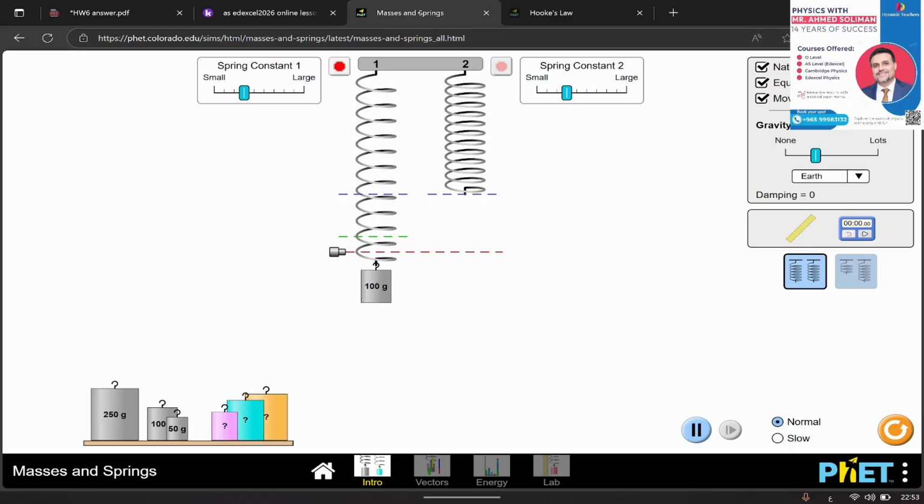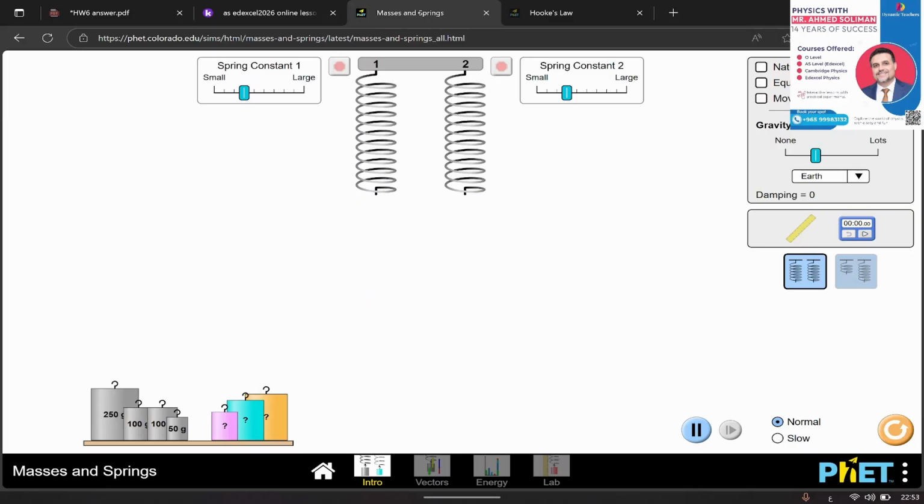So again, from the beginning. This is the natural length, the original length. Habiba, what happened when we hang a mass on the spring? What happened to the length? The length increases. The difference between the final stretched length and the original length is called extension.